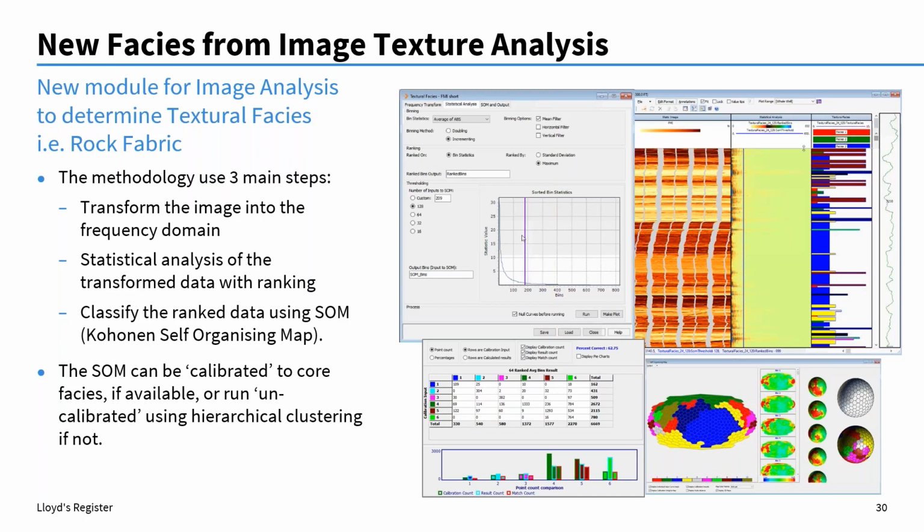From there, we can pass it through into our self-organizing map, where we can basically start classifying it, and then based upon whether we have a calibrated core, for example, we could use that to calculate facies, or we can run it in the uncalibrated mode where we have hierarchical clustering options. And I'll show that shortly. I think I'll get through the slides first.